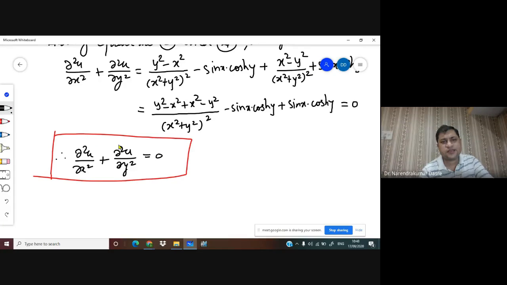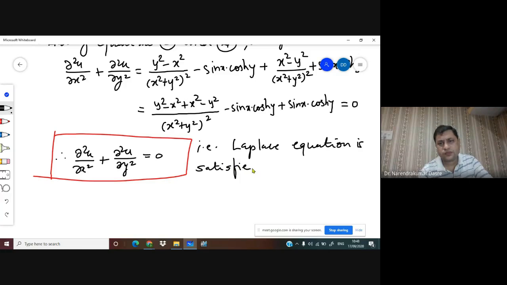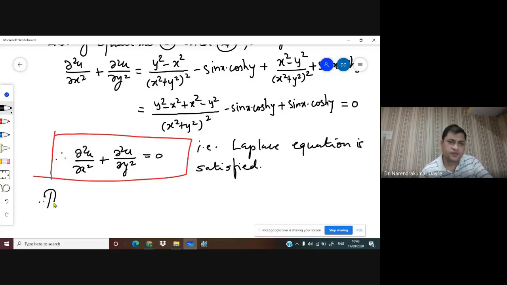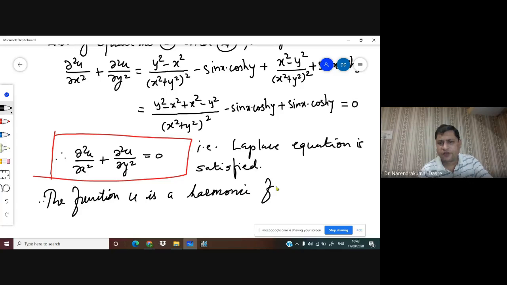So we say this is the Laplace equation. The Laplace equation is satisfied, and hence we say the function u is a harmonic function.